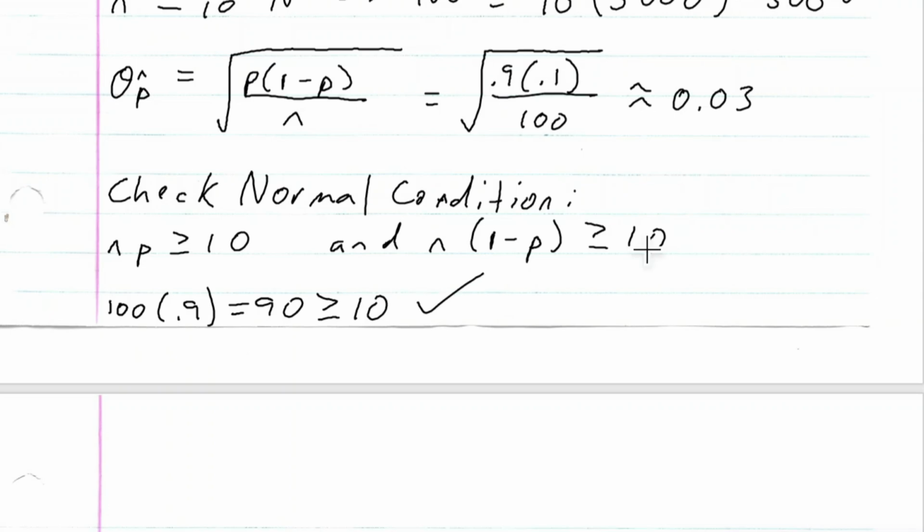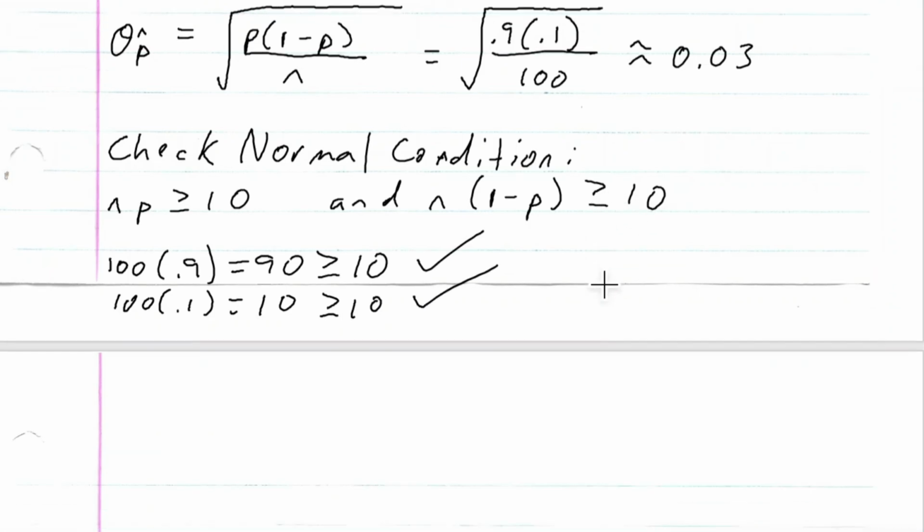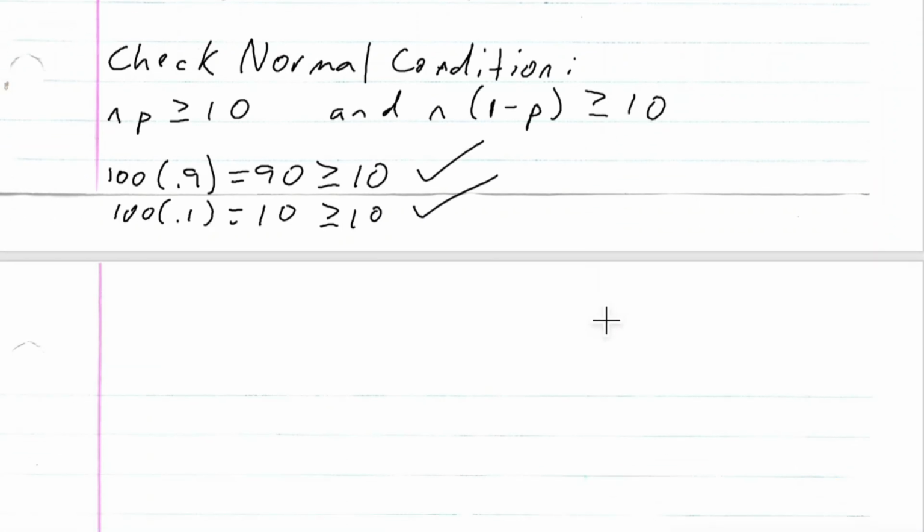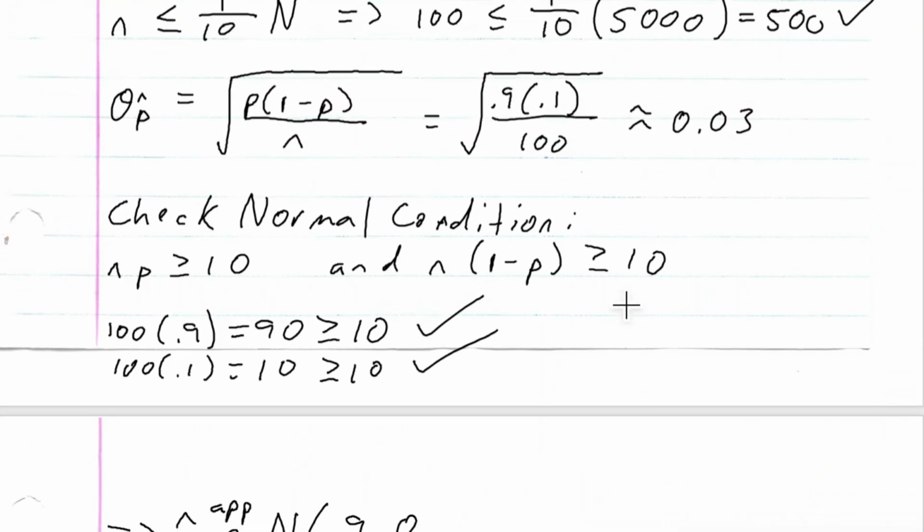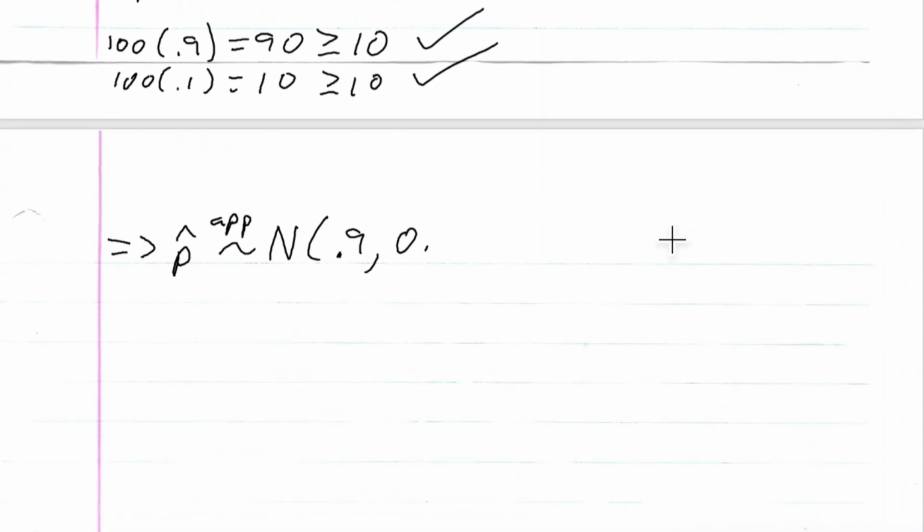Next, 100 times 0.1 is equal to 10, and 10 is definitely greater than or equal to 10, so that checks. Since our normal condition does hold, p hat is approximately normal with mean of 0.9 and standard deviation of 0.03.